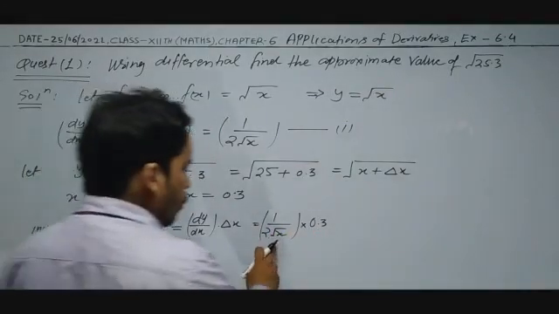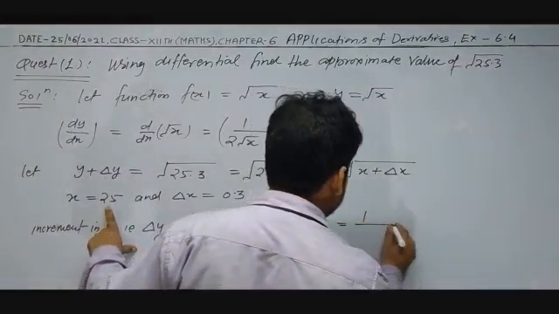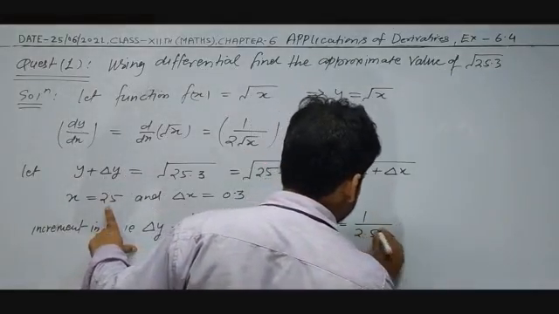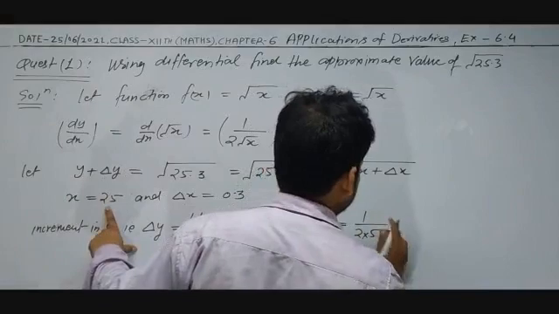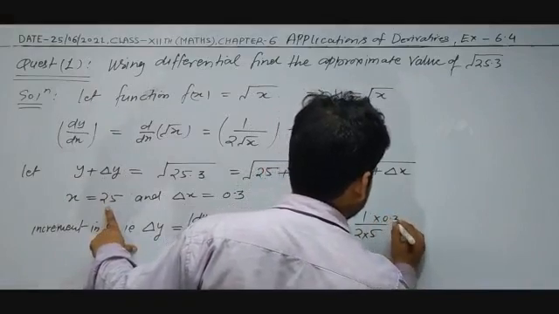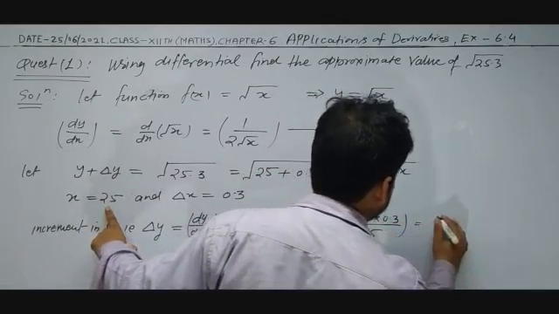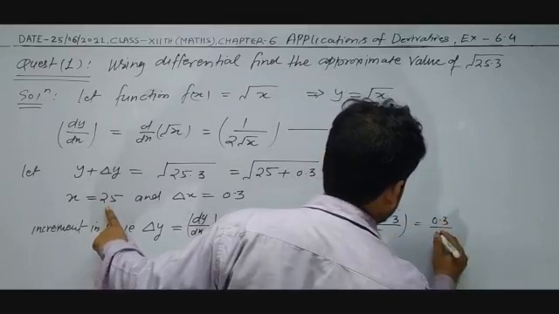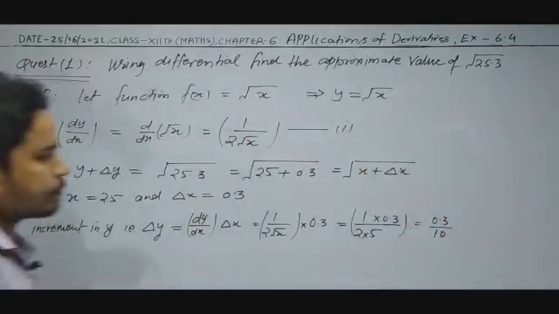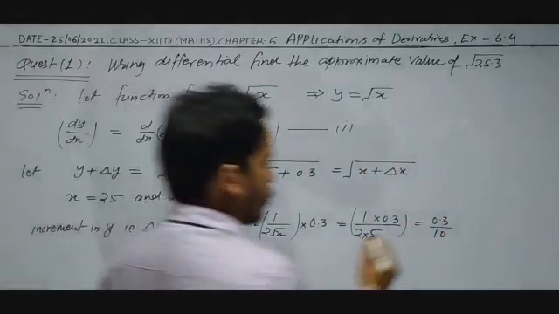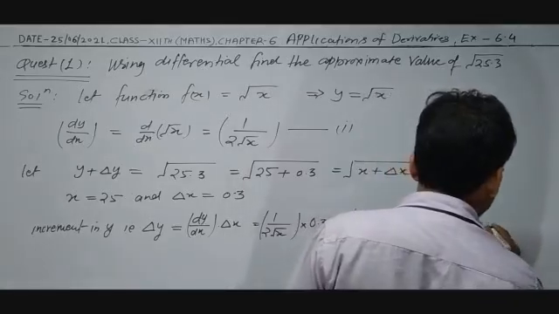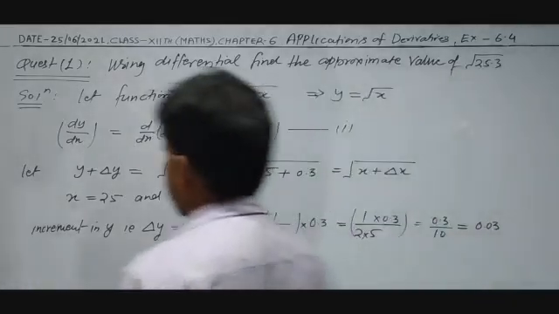When you put 25, you get 2 times 5 into 0.3, that is 0.3 whole upon 10, and that is equal to 0.03.